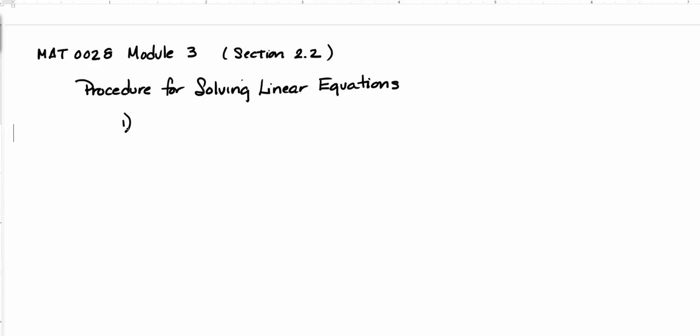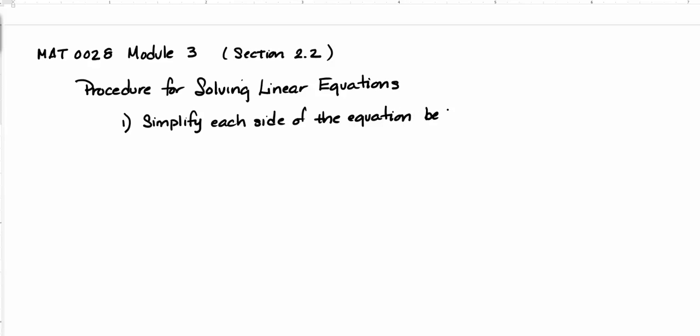So the first thing we want to do is simplify each side of the equation before moving anything across the equal sign. Okay, so we're going to simplify each side of the equation. So remember, equations have sides, right? And it's the left side and the right side of the equal sign.